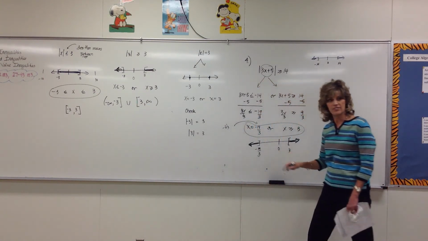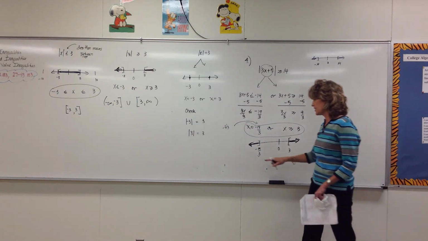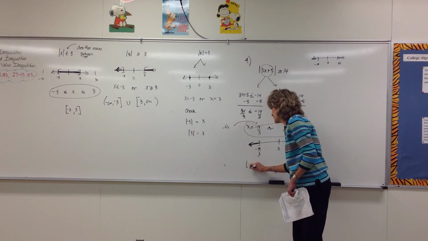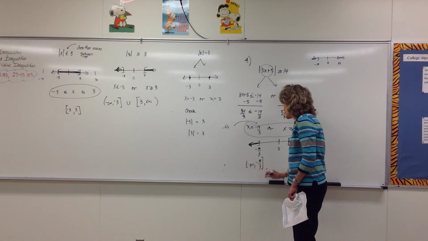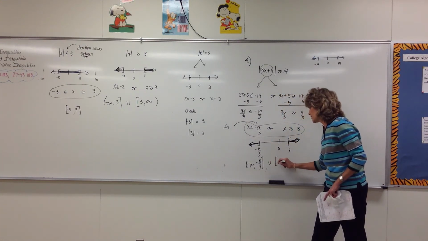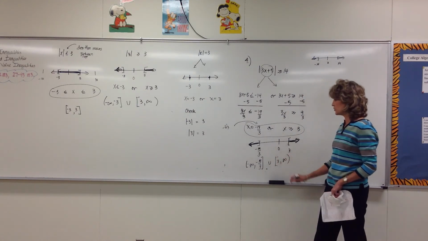And then give me a graph. And then give me interval notation. Interval notation means we come from -infinity, from left to right, from -infinity up to -19 thirds, including -19 thirds. Then we join that piece with the one that starts at +3, including 3, and goes to infinity.